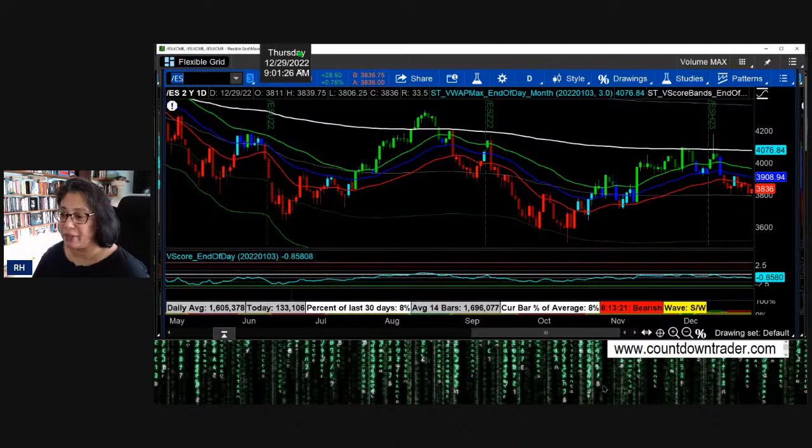All right, what is going on with the back and forth chop in the S&P? For you volume fans out there, like myself, we know that size in trading does matter. And when you take a look at not just 3,800 right in here, but at standard deviations of volume, it's not always about the anchored VWAP.